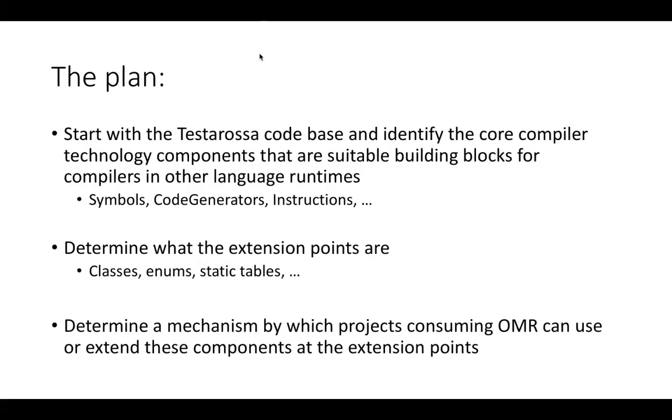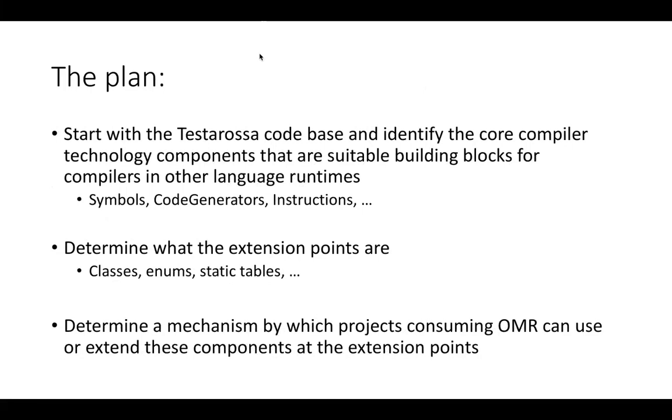So how are we going to do that? How are we going to take that technology in the compiler and open source it? Well, what we did was we started with the very large blob of code that was Testarossa, and at that time it was about 1.5 million lines of code.